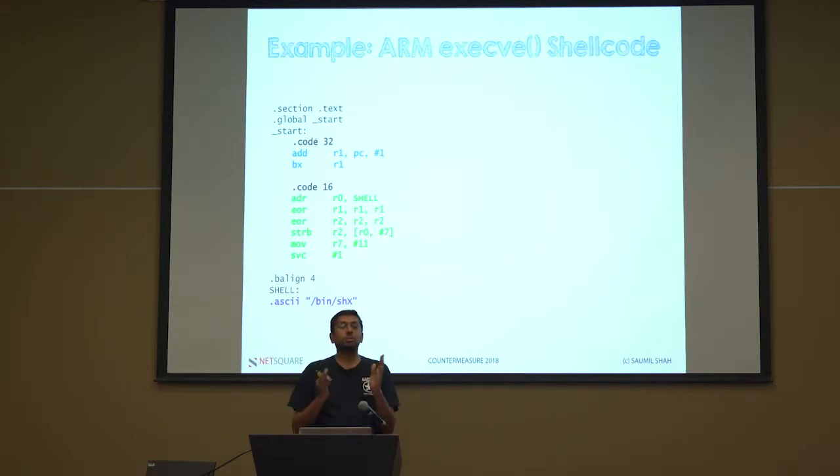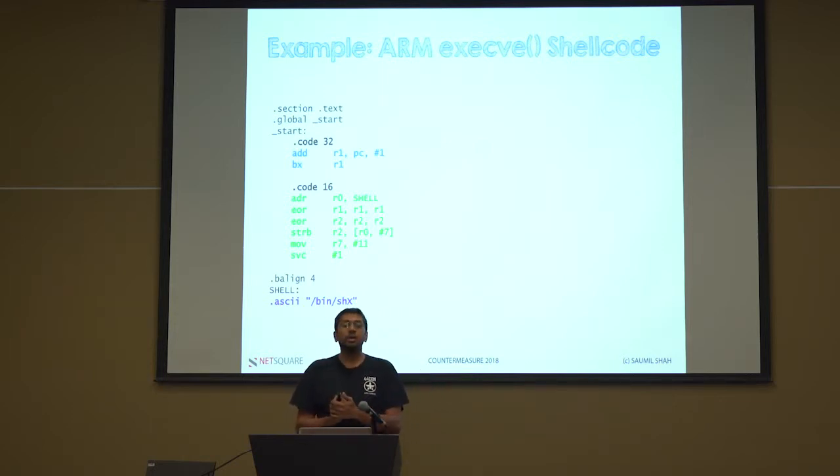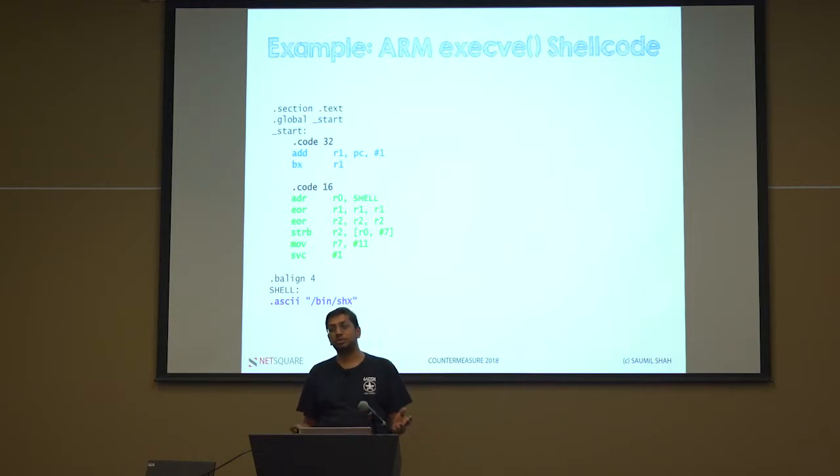So thumb instructions are more compact, and shellcode writers prefer to write all their shellcode in thumb because shellcode has to be compact and shellcode has to be free of bad characters and whatever have you. However, whenever you're writing ARM shellcode, the first thing you'll always do is start out in ARM mode. That is, all your instructions initially will be decoded as 32 bits. You want to switch over to thumb mode very quickly, as soon as possible.